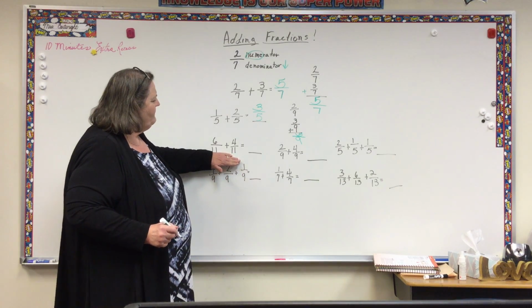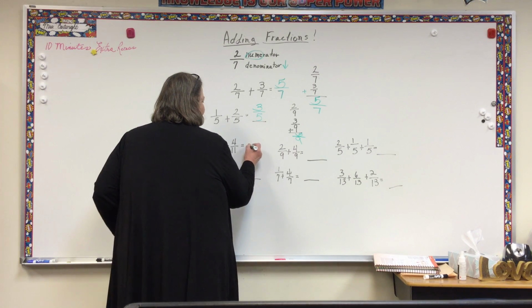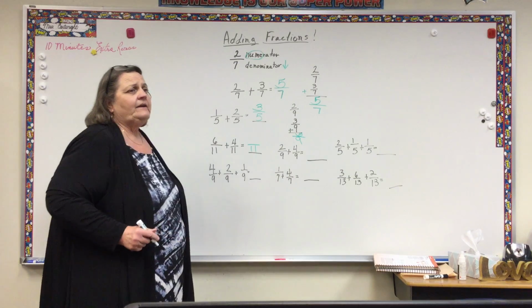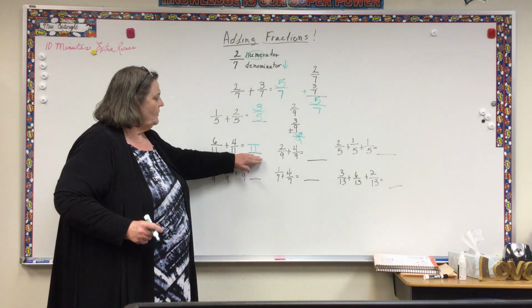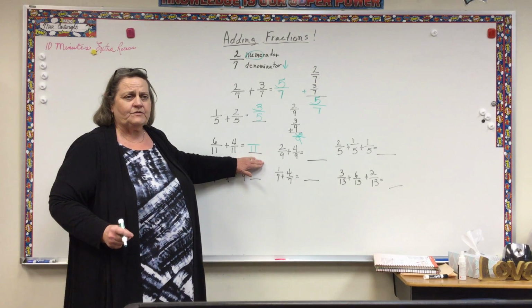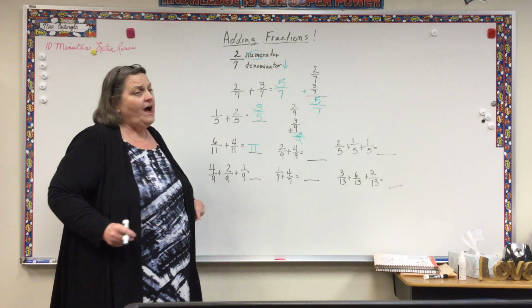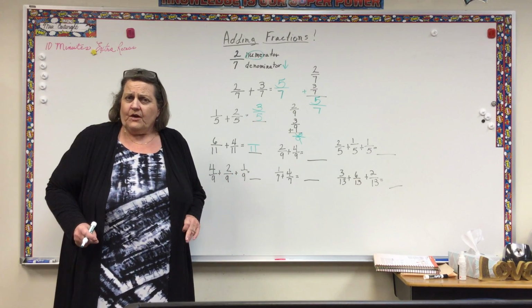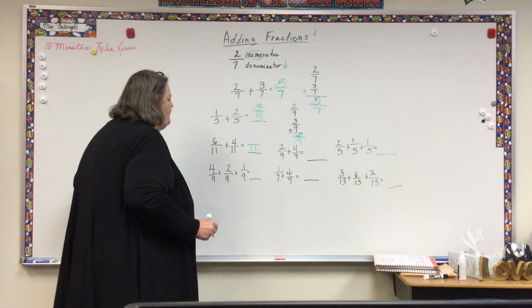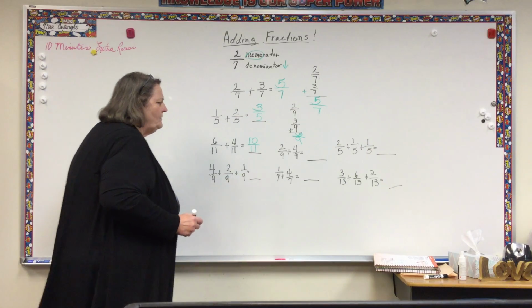Why? Because the denominators are the same. Remember, there are rules that we have to follow in math, and it's an exact science, so we have to make sure we do it. So we check the denominators. They're the same. All we have to worry about is the numbers at the top, and all we're doing right now is just adding simple numbers, aren't we? Okay, what's 6 plus 4? 10, isn't it? There we go.